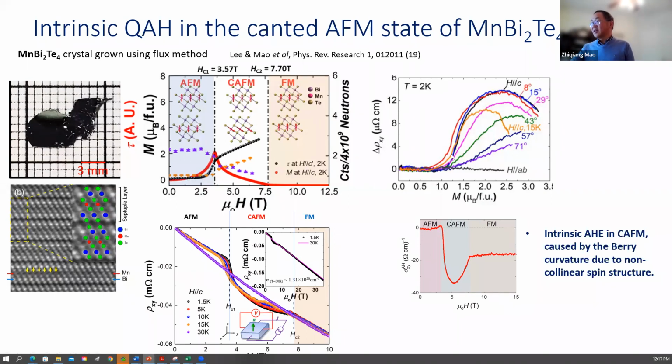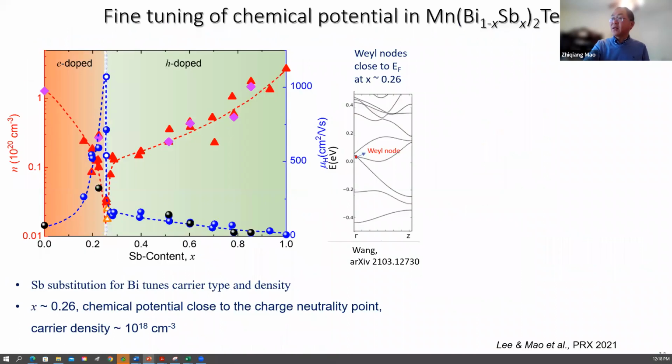There's a curved shape, so that indicates this anomalous Hall resistivity has an intrinsic origin, meaning driven by Berry curvature. So when we convert the anomalous Hall resistivity to anomalous Hall conductivity, you see a peak here. So this peak is driven by the Berry curvature. That was previously predicted by theory. As long as the spin structure is non-collinear, it could generate an intrinsic anomalous Hall effect.